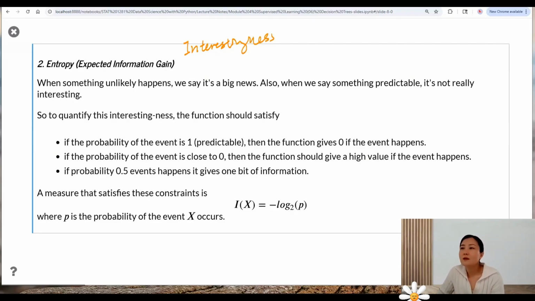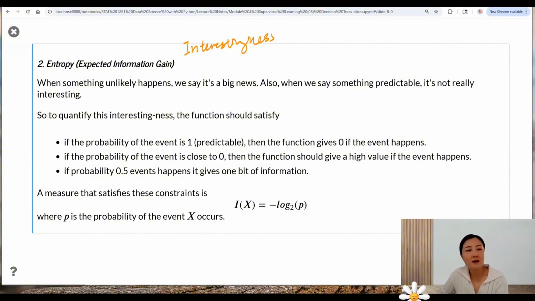When something is very unlikely to happen, and if it does happen, we gain a lot of information. And if something will happen for sure, when it happens, we get no information. So it's not interesting at all.